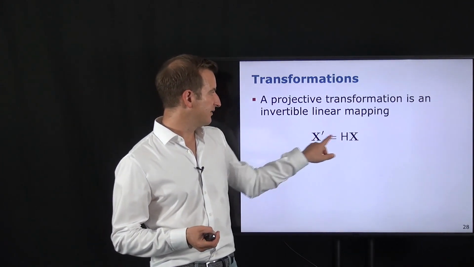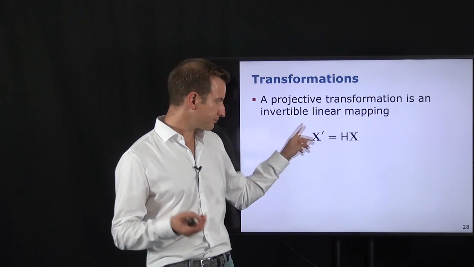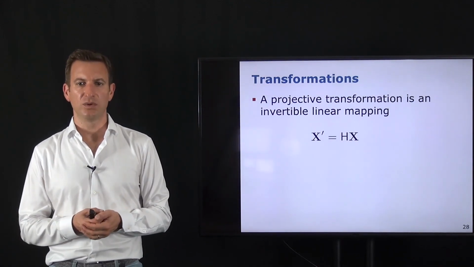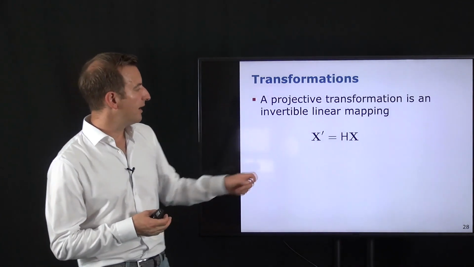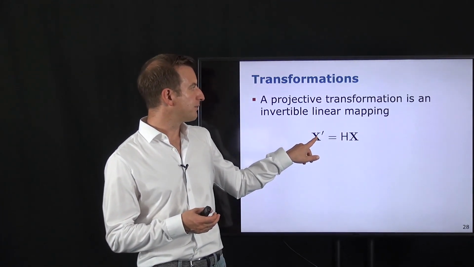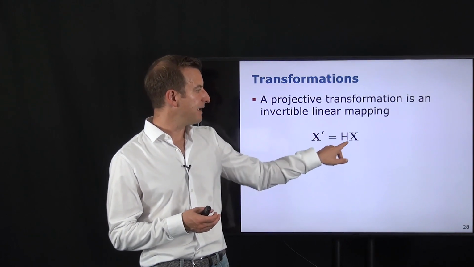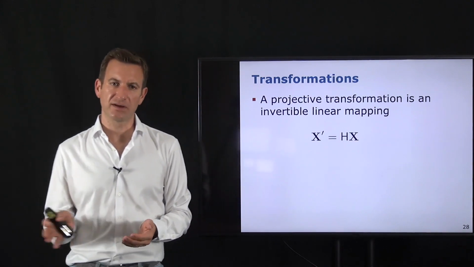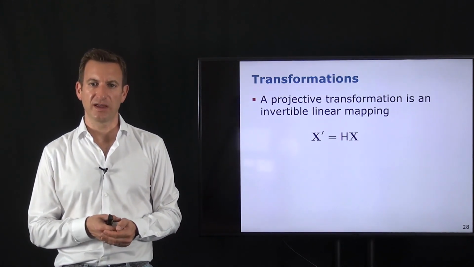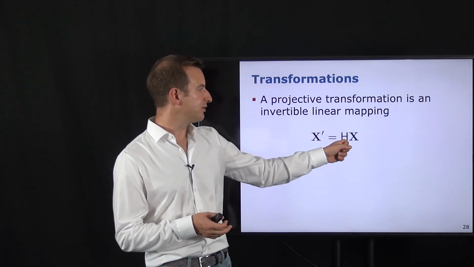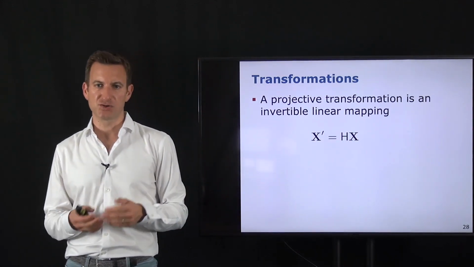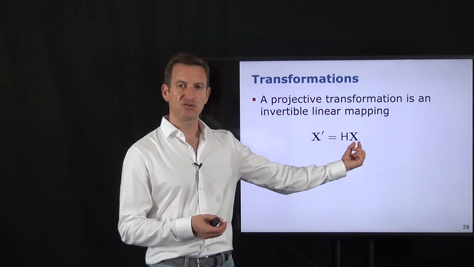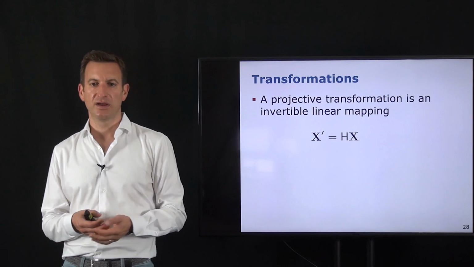So again, x is an arbitrary homogeneous object, and I can perform a projective transformation by multiplying a matrix H with the vector on the right-hand side. We're talking here about an invertible mapping: it takes a point x, you multiply H times x, and it gives me a new point x prime.